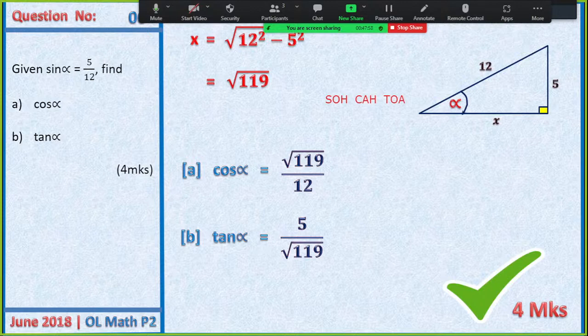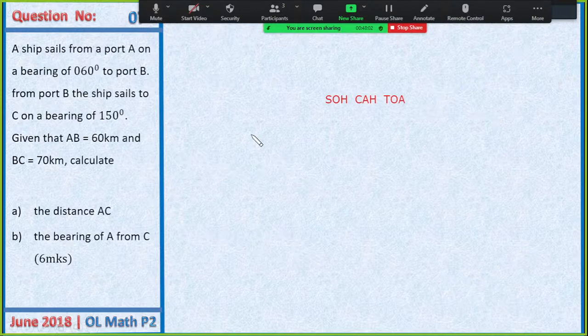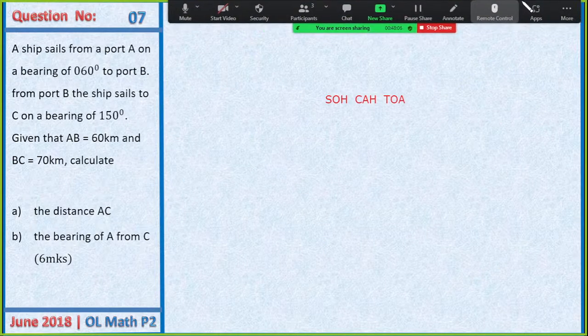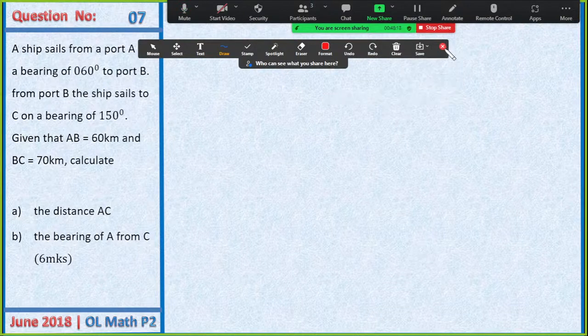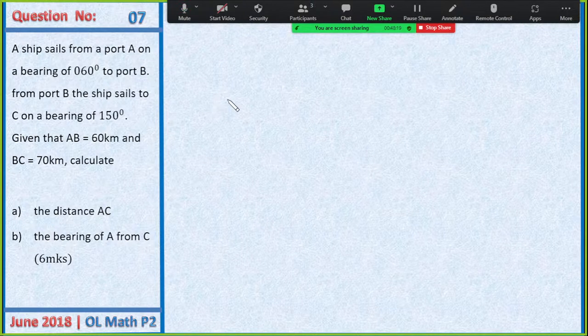So the next is this question. Question 7. A ship sails from a port A on a bearing of 060 to port B. From port B, the ship sails to C on a bearing of 150.